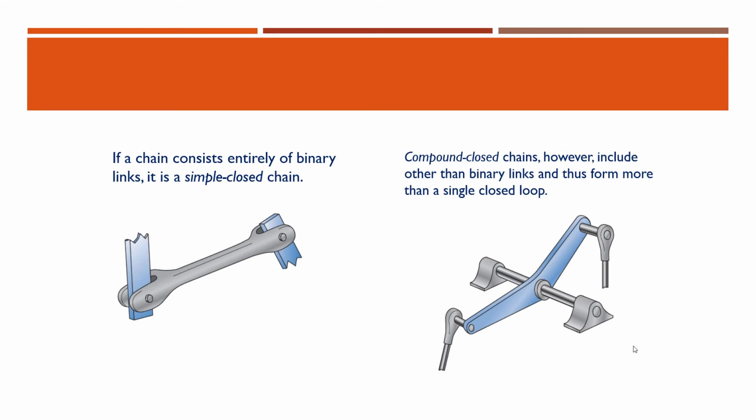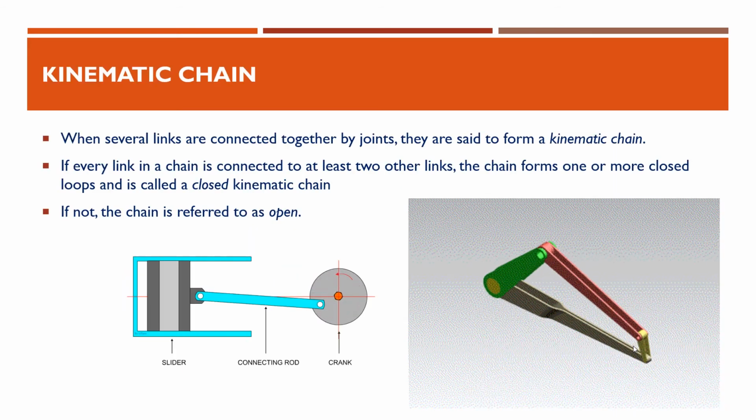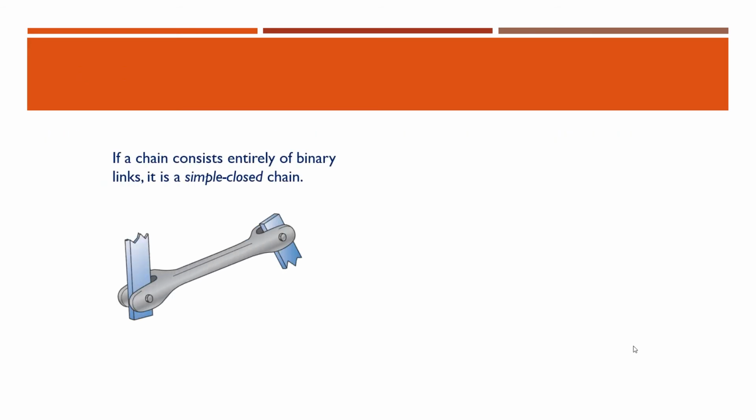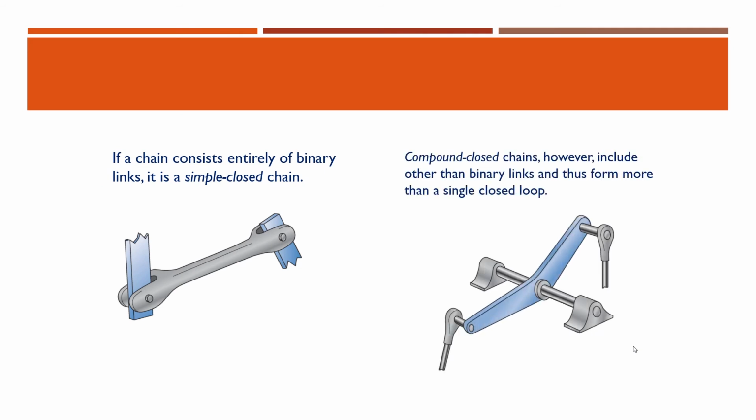Whereas, if it consists of ternary or quaternary links or other than binary links, then it forms a compound chain, compound closed chain. Okay. From the figure itself you can understand, I think. So, I do not need to explain much. So, first you need to know what a chain is, and then simple chain and compound chain, simple closed chain and compound closed chain.